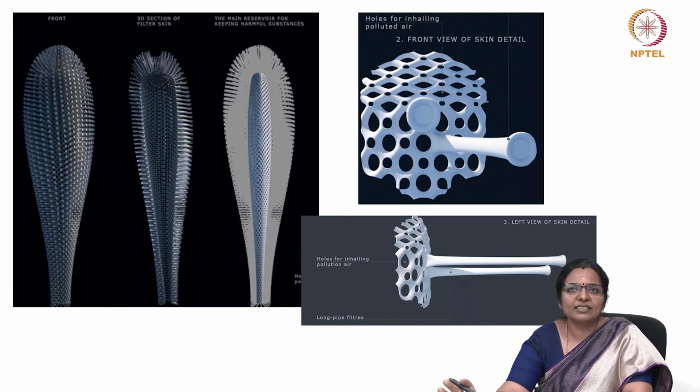So the external skin has pipe filters and it keeps the temperature balance throughout the building. It is conceived to be located in big cities in between the skyscrapers on some very busy traffic road, or factory areas where the structure soaks up the carbon dioxide and other harmful gases.